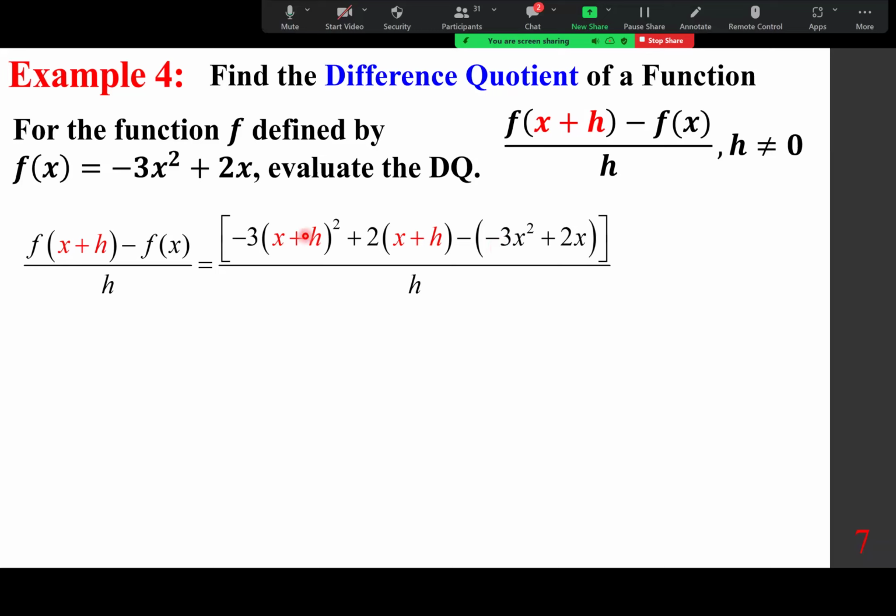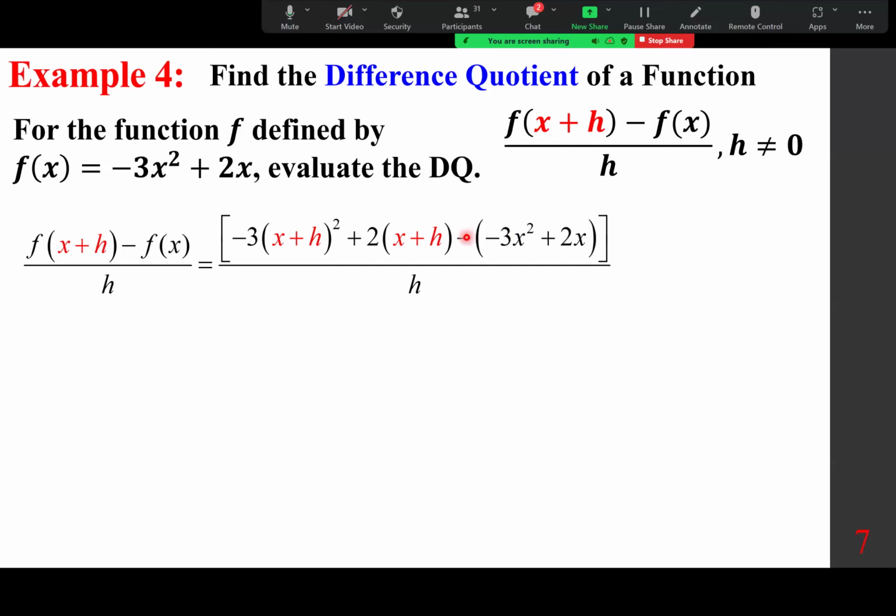Again, we use what we had there, x plus h quantity squared. Remember, it's x squared plus 2xh plus h squared. So this one, all you have to do is simplify the numerator. So this one is x squared plus 2xh plus h squared. You keep the negative 3 intact. This one is 2x plus 2h.